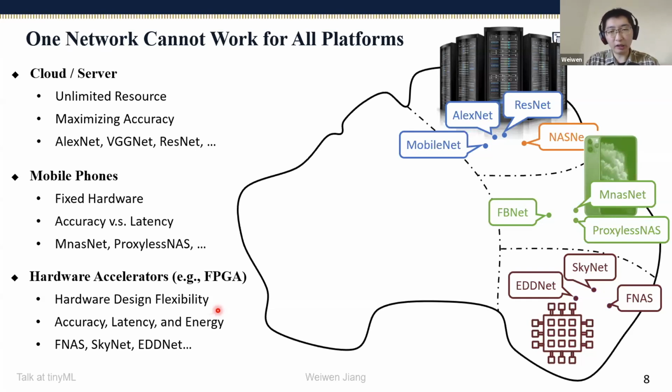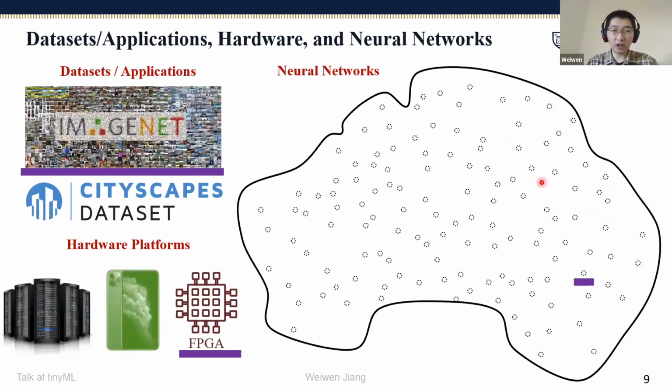As a result, no uniform network can work for all computing platforms, and a lot of existing works have developed different neural networks for different platforms, as demonstrated in these slides. To better understand the following topics, now let me introduce the fundamental problem for the automation of AI systems. As shown in these slides, we are given a dataset, for example the ImageNet dataset, specific hardware like a mobile phone or FPGA, and a search space of neural networks where each circle in the shape represents one potential neural network.